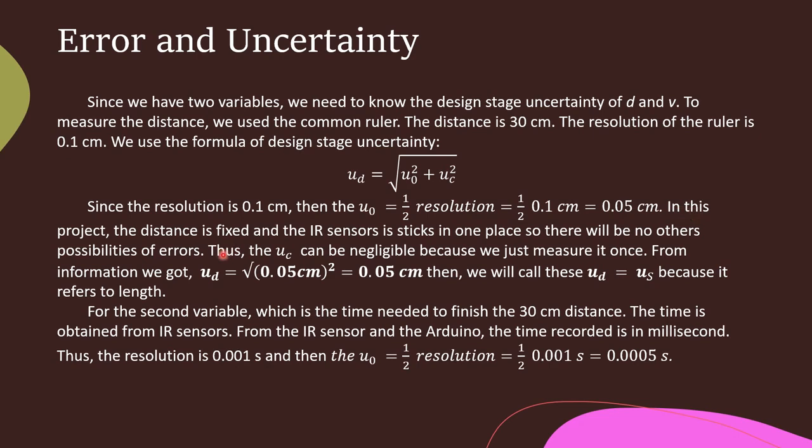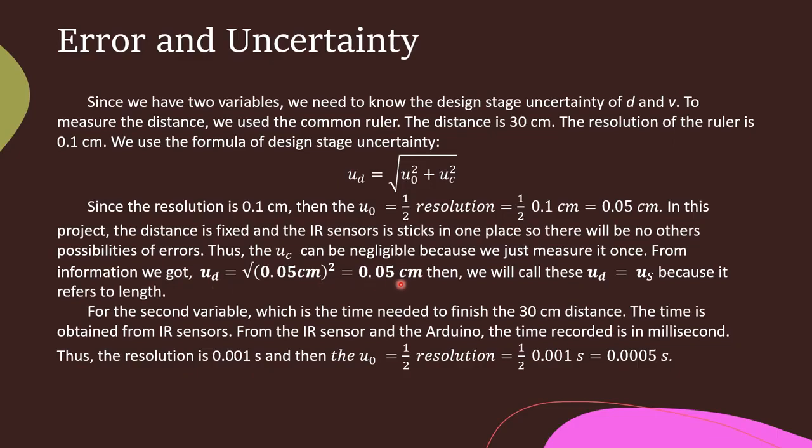And since we only measure the distance once, and we also fix the IR sensor, we can eliminate the zero shift error, and the possible error for the ruler, or for the distance, is about 0.05 centimeter.